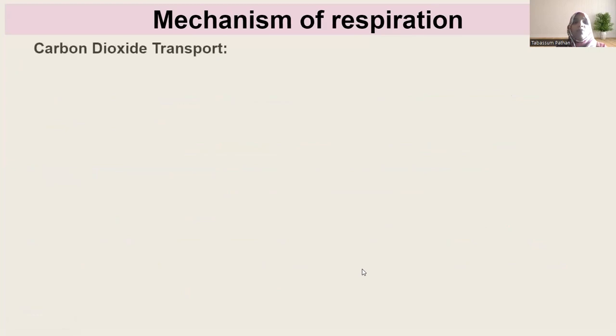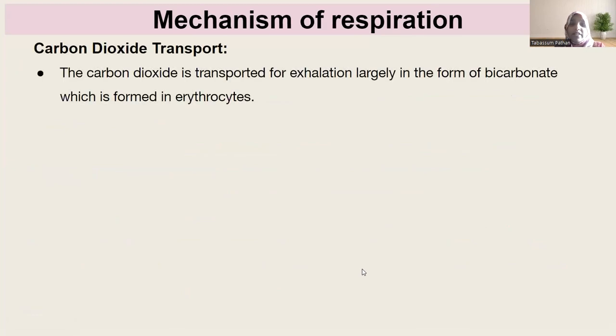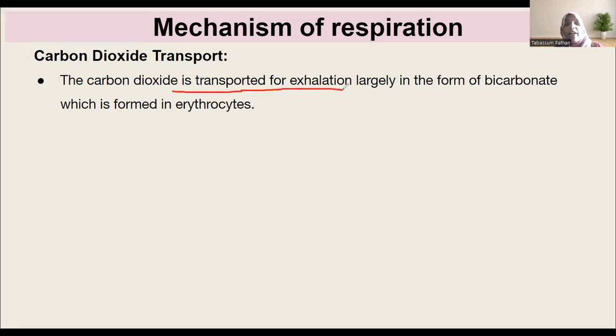Now moving to the most, 70%, the bicarbonate ions. How are bicarbonate ions formed and transported? Mostly carbon dioxide is transported for exhalation, as we just discussed, in the form of bicarbonate. This will be formed in your RBC only, the erythrocytes.